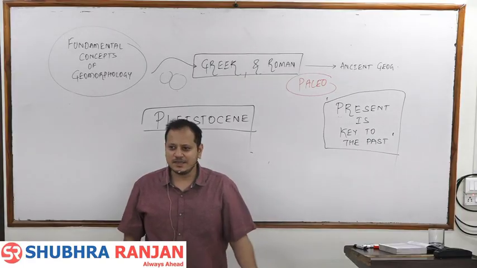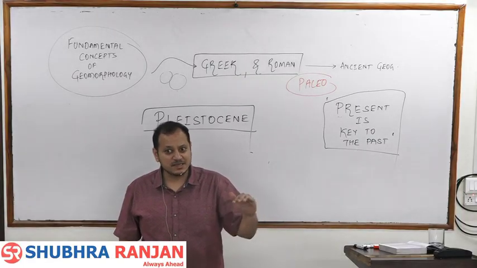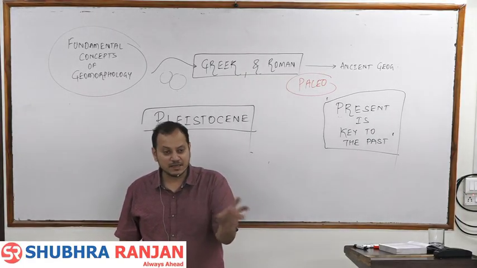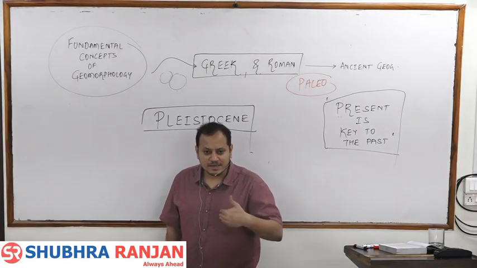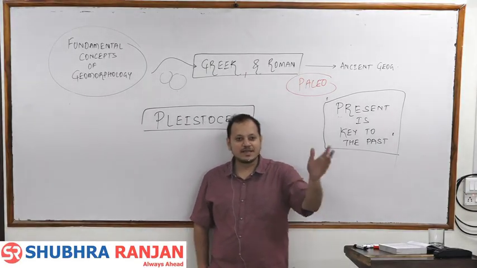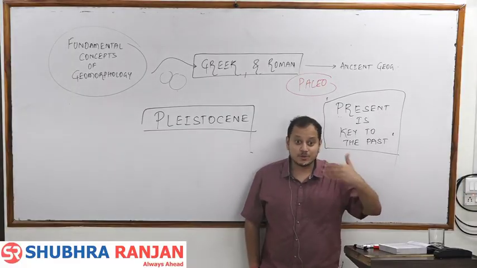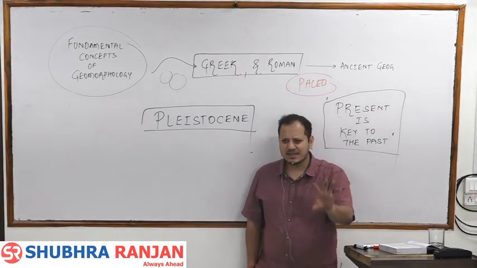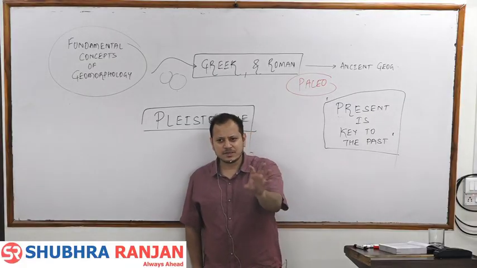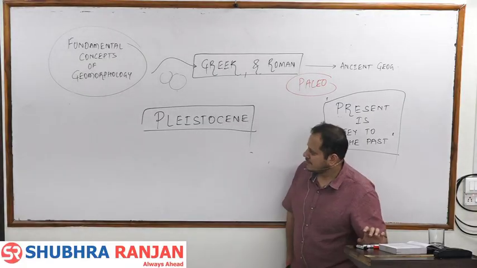There was suddenly ice. So some say this is evidence that we are living in the interglacial period. And इस interglacial period को हम गर्म कर रहे हैं. So we are postponing the next ice age, nothing else. So ये एक theory है which we'll study in climatology, that is Milankovitch cycles, etc.